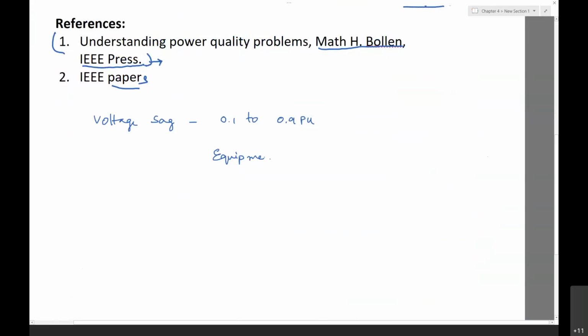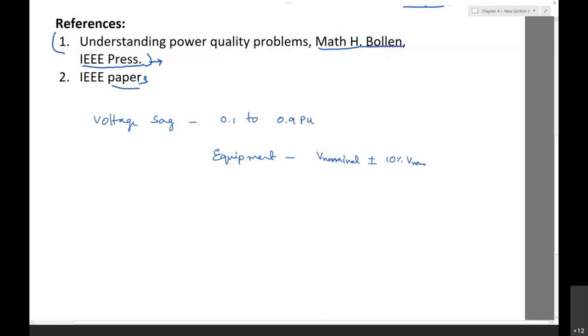Every equipment has a mentioned nominal voltage, plus or minus 10 percent of the nominal voltage.